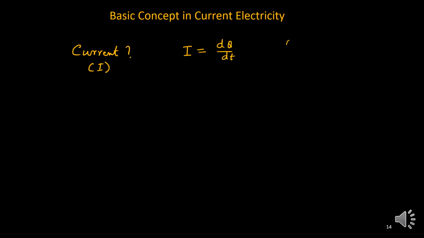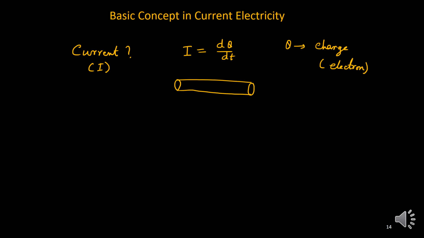But this q is a movable charge, generally the electron. Electron is a negative charge carrier. That charge carrier can flow through a conductor. So if you have one conductor, this kind of conductor, then electrons can flow through it.